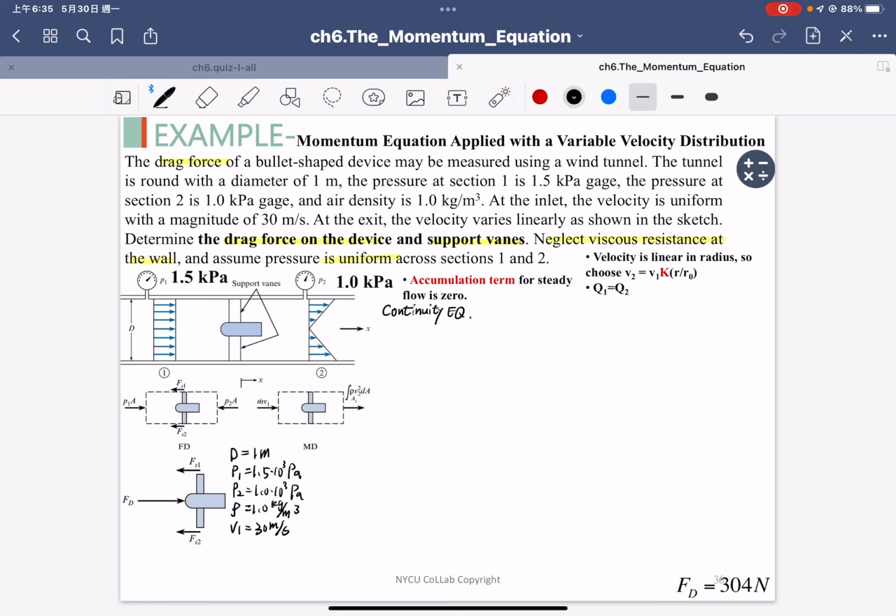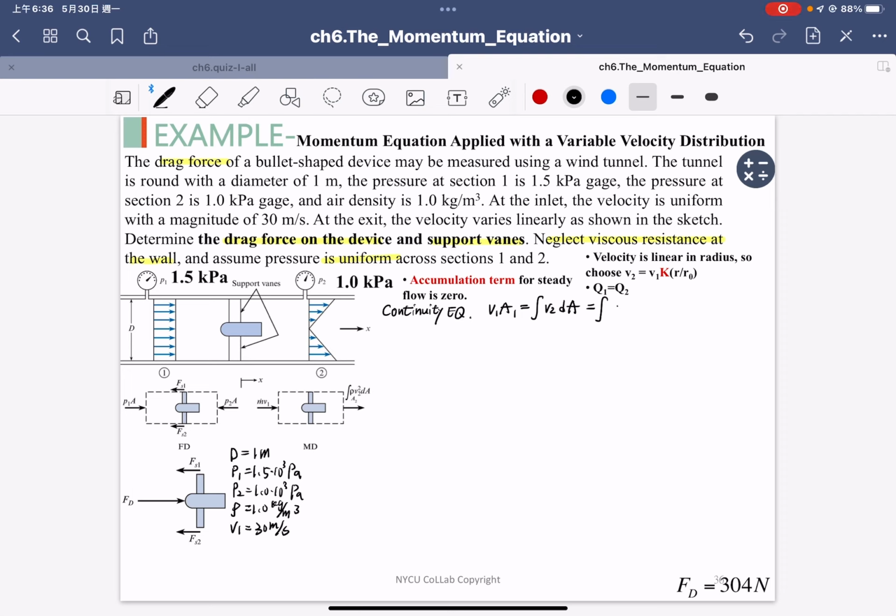We write down the equation: V1 multiplied by A1, because V1 is the uniform velocity, equals the integral of V2 with respect to dA.